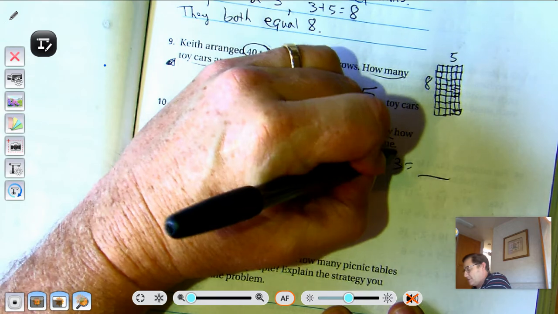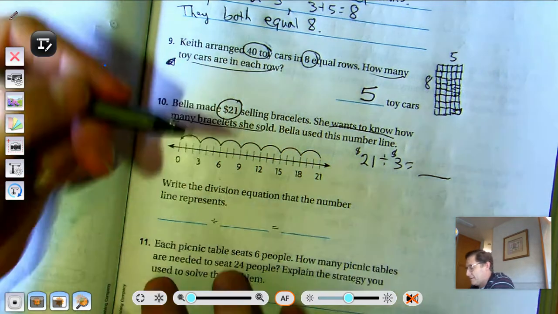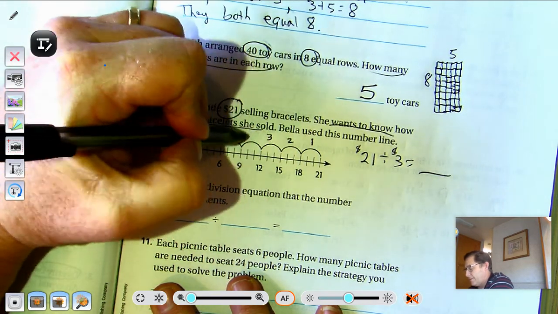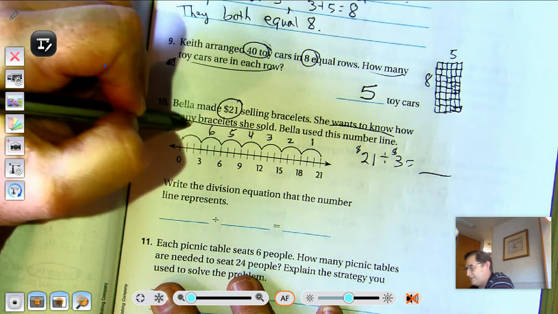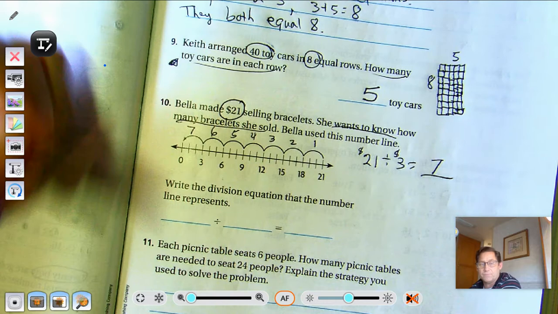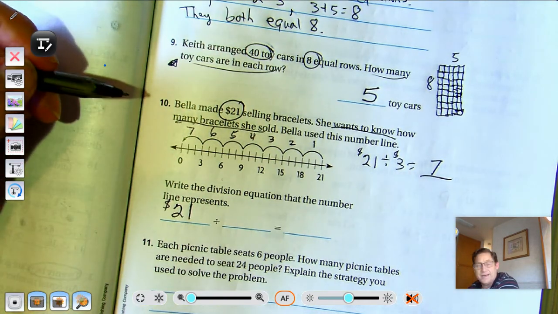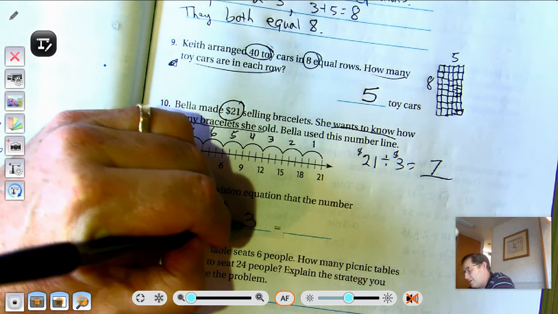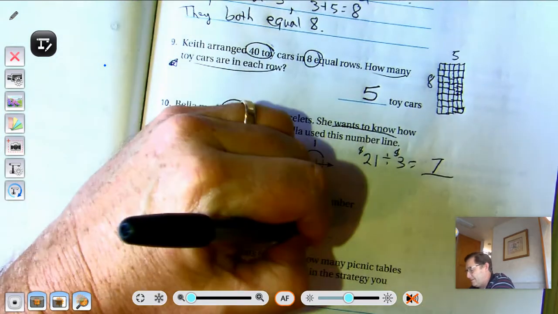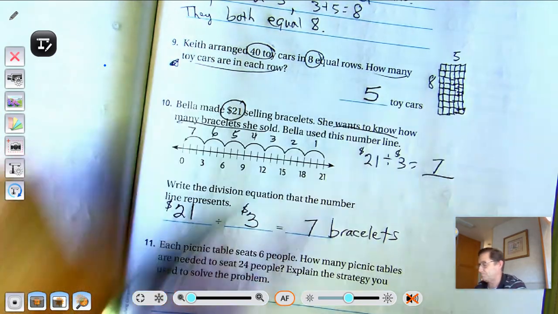So the bracelets cost $3 per bracelet. How many times did we subtract 3? 1, 2, 3, 4, 5, 6, 7. Yes, she sold 7 bracelets. So it's 21, the total that she made, divided by $3, and that means she sold 7 bracelets.